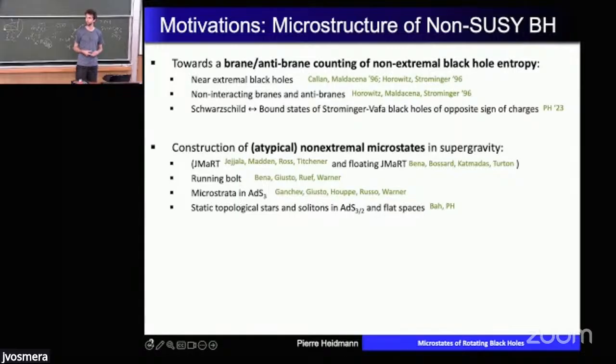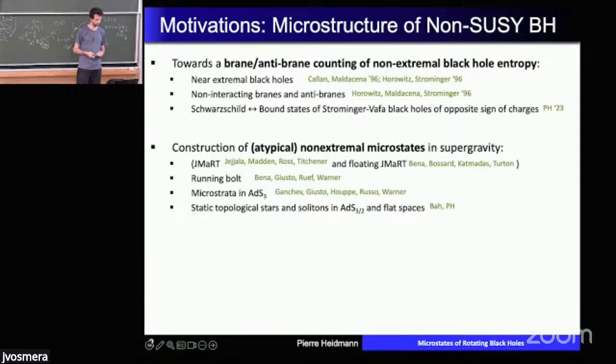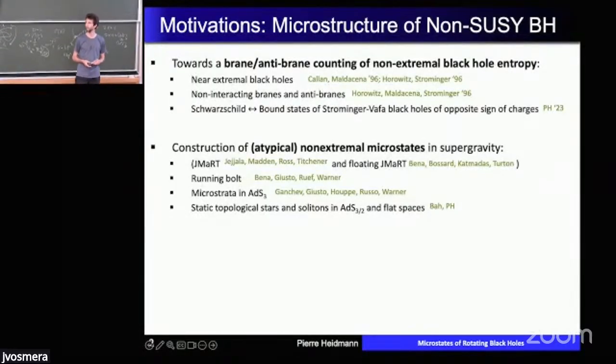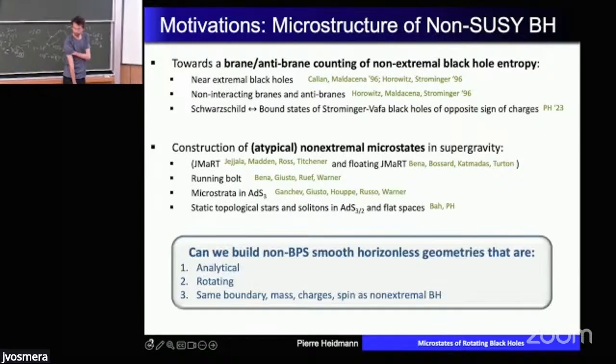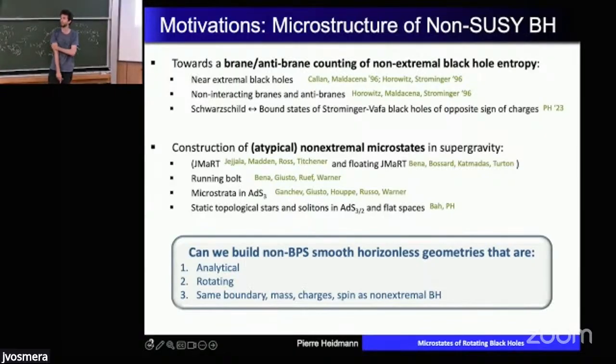Again, this story is not very recent. It started with the JMaRT solution in 2005. And then the floating JMaRT. It turns out there's a large list of solutions, including some of my work, like the static topological star and topological solitons. But the problem is that all of those solutions have some kind of pathologies.